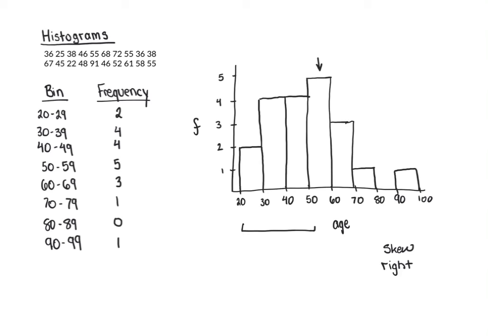Also notice the main difference between a histogram and the stem and leaf plots and dot plots we looked at earlier. A histogram doesn't show each individual piece of data. Instead, it groups data into different bins and shows the frequency of those bins occurring. So we lose a little bit of the details of our data.